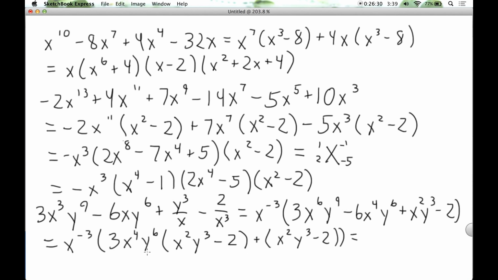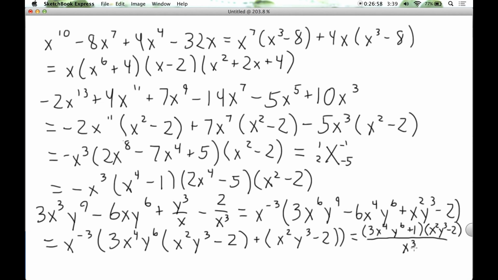So all of this factors out to 3x to the 4th, y to the 6th, plus just 1 of that, times this, x squared y cubed minus 2, times x to the negative 3, or divided by x cubed.